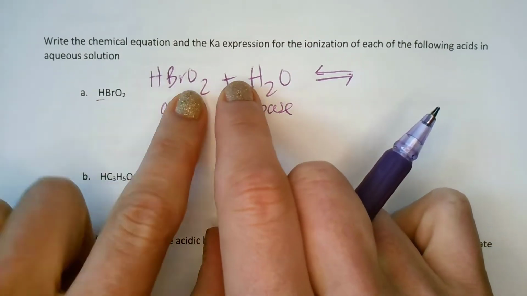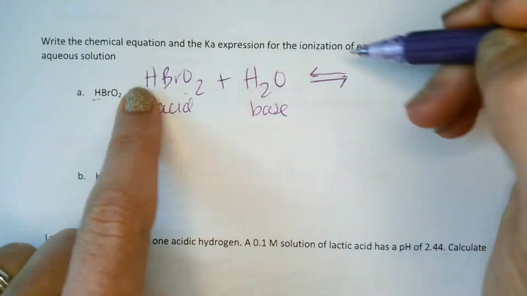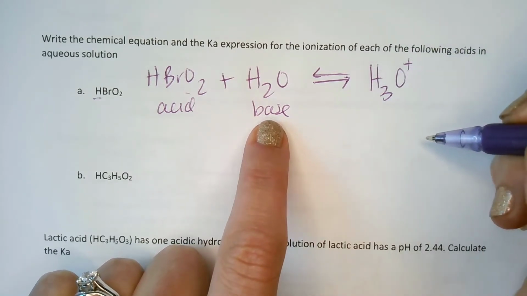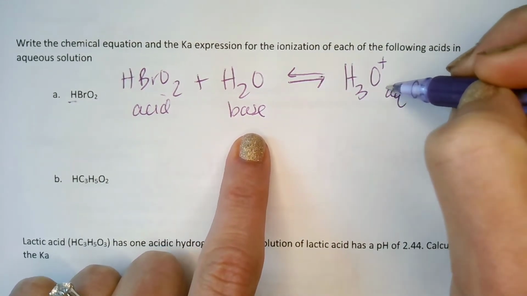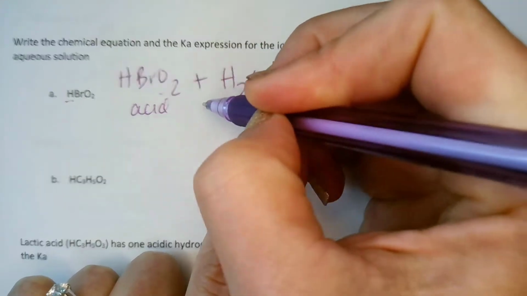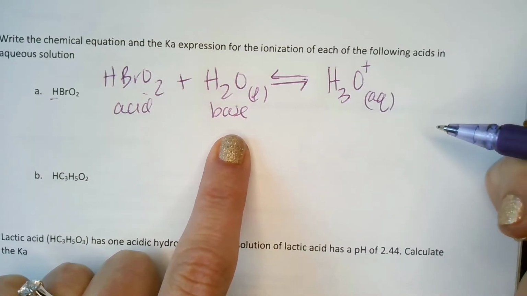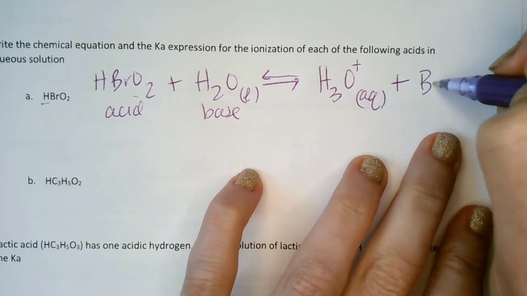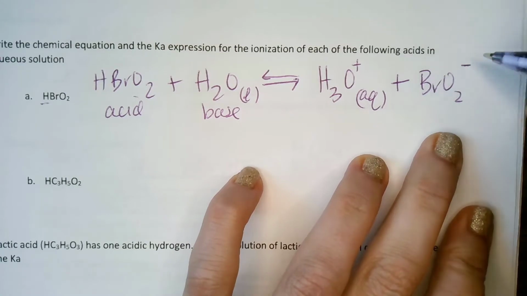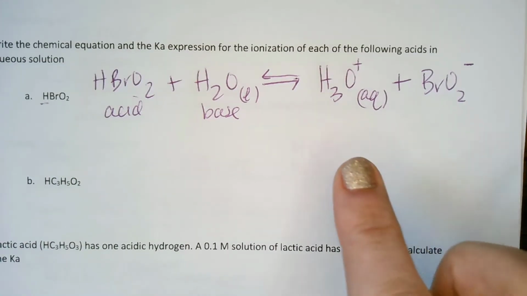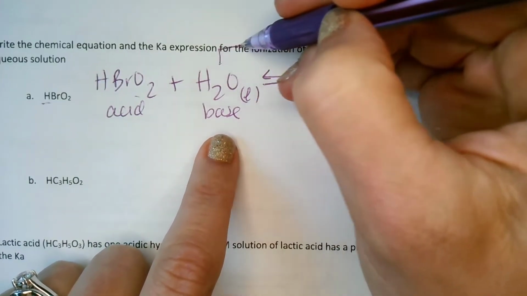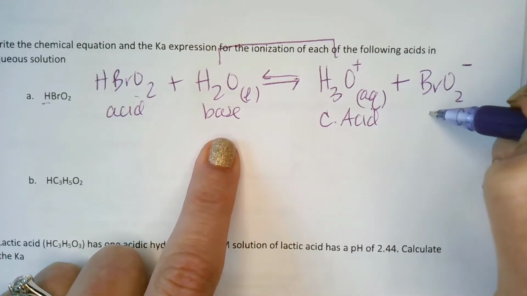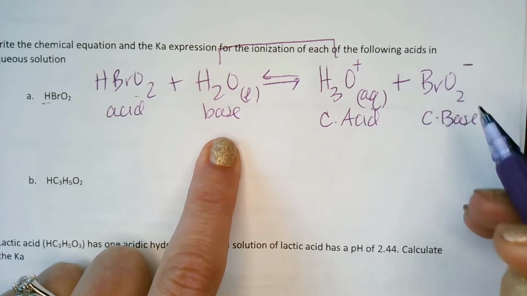So our H is going to join with our water to form hydronium ion. And we drop our hydrogen here, so we have our BrO2 minus. So we have our conjugate acid and our conjugate base on the right.